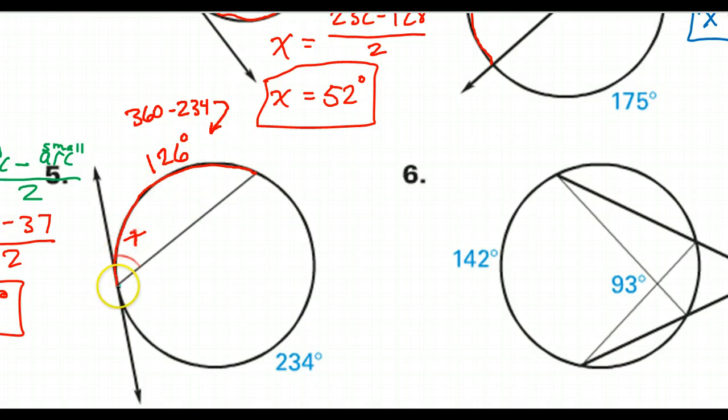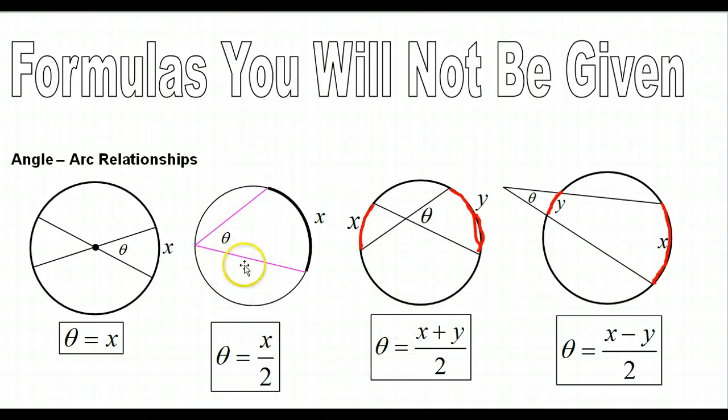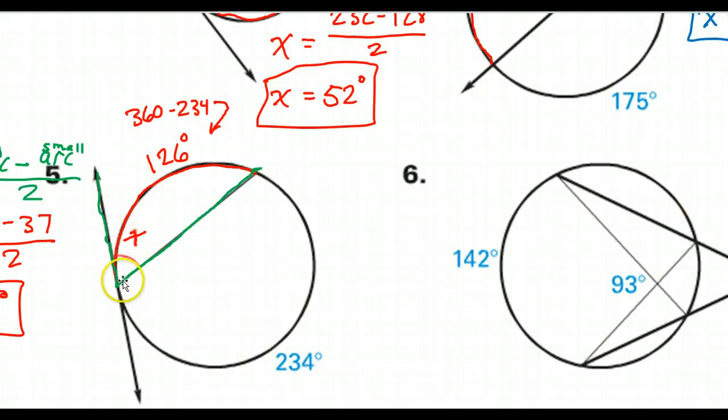Now, when you have an angle that's inscribed like this, and the angle I'm talking about is, of course, this angle right here, that goes like this. This is an inscribed angle. Just like this pink angle is at the edge of the circle, this counts as one of those. So the angle is half the arc.